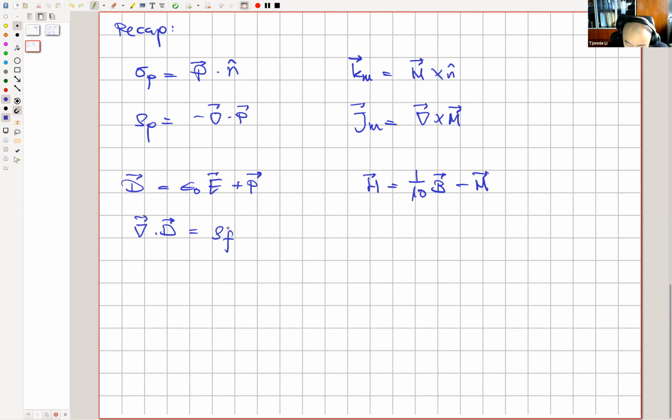So it's nothing that is effectively being pulled apart. No, this is really the actual charge density. And similarly, we have that the curl of E remains 0, and we have that the divergence of B is 0, and the curl of H equals the free current here.